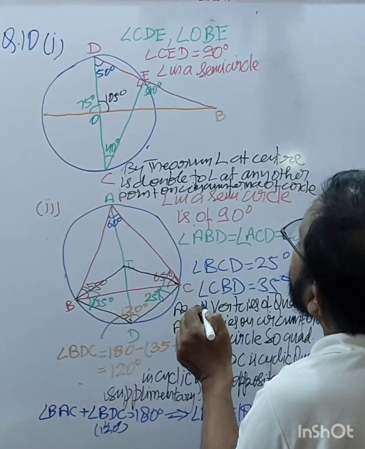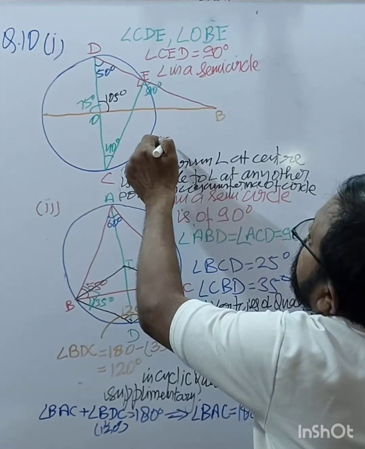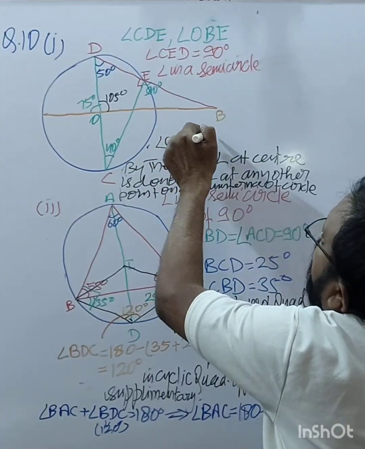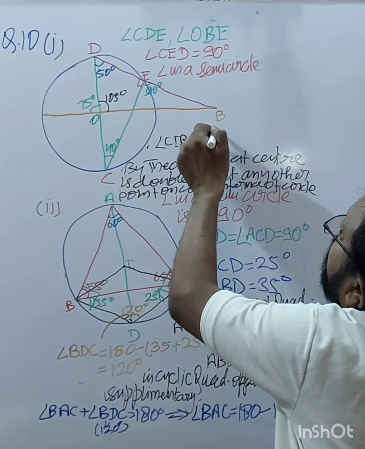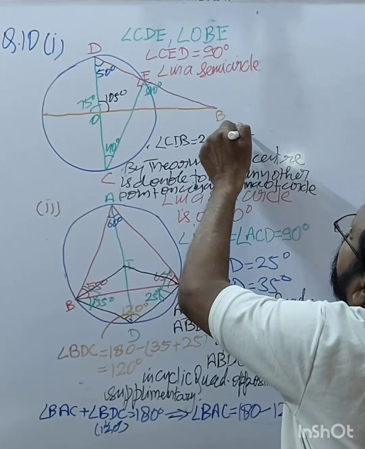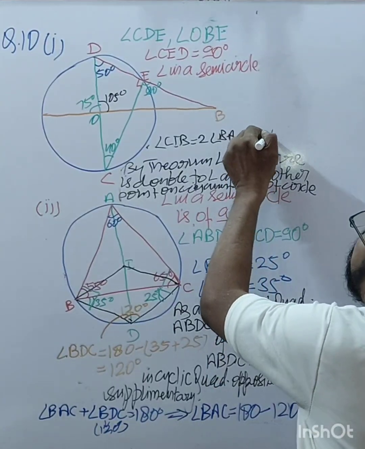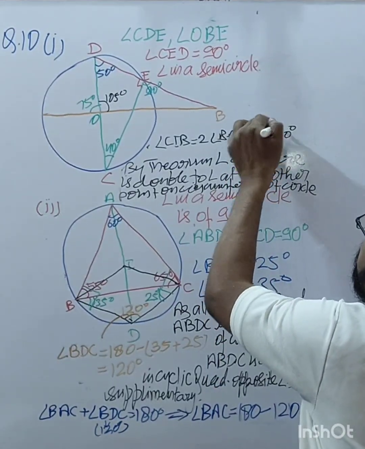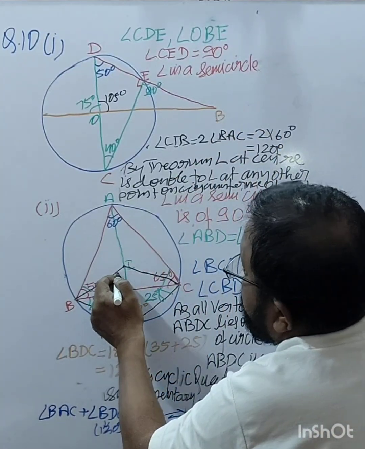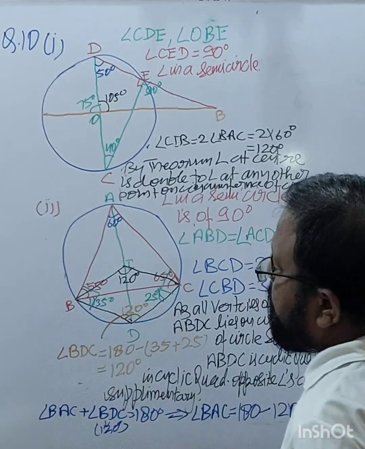So angle CIB is double of angle BAC. It means 2 into 60 degree becomes 120 degree. So this angle will be of 120 degree, right?